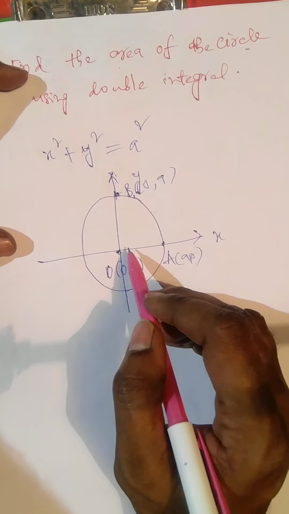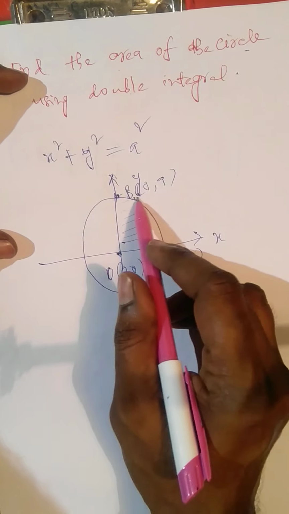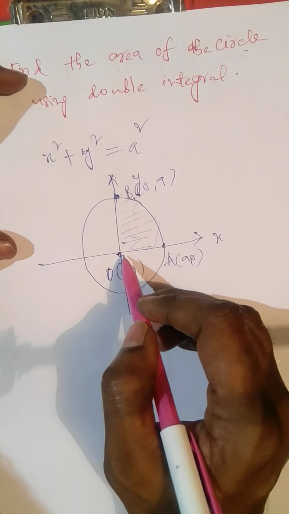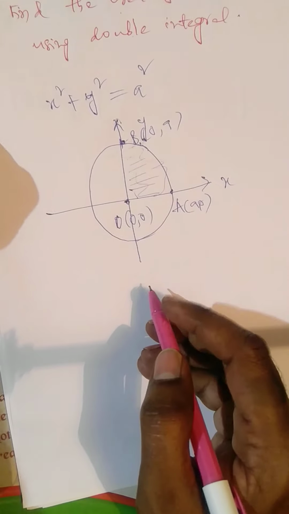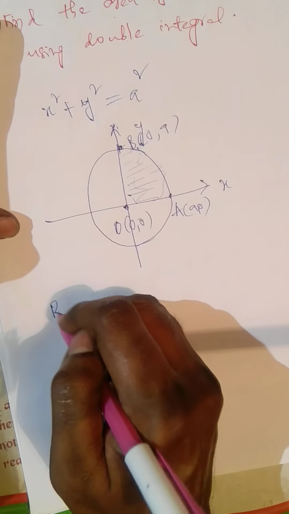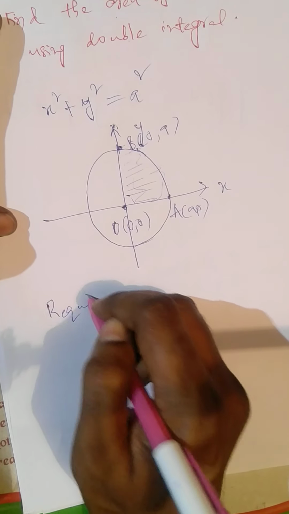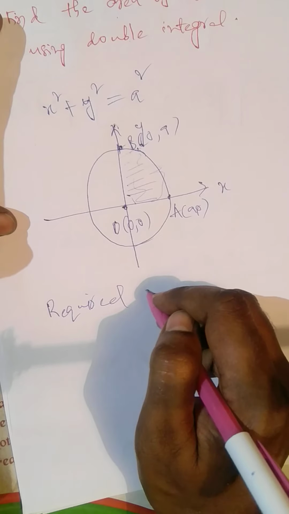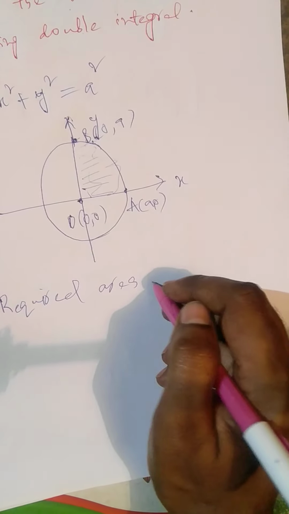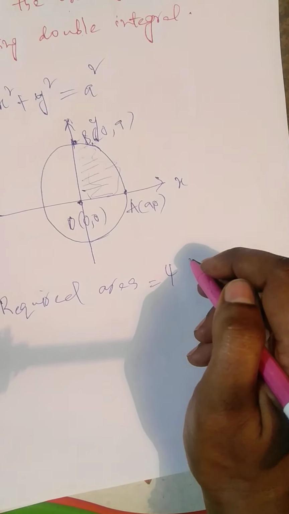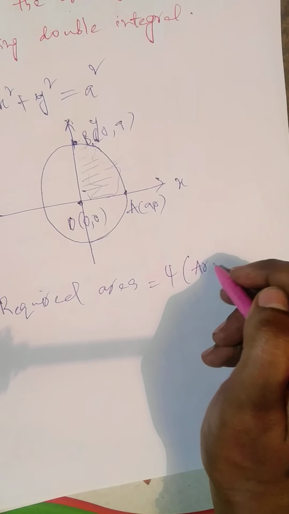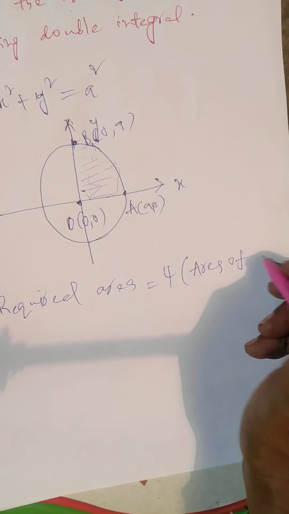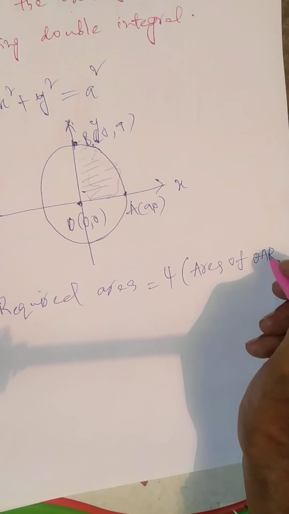First I'm taking the area of OAB, and if I multiply it by 4 I'll get the total area of the circle. So the required area equals 4 times the area of OAB.